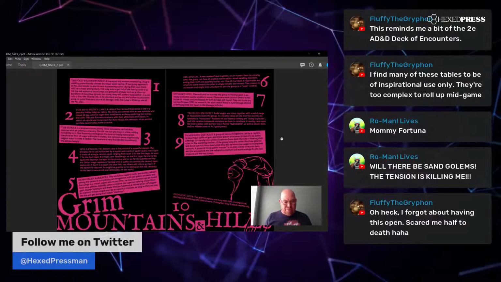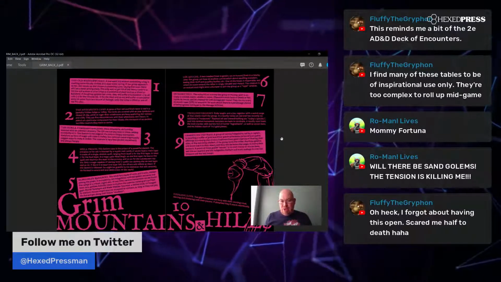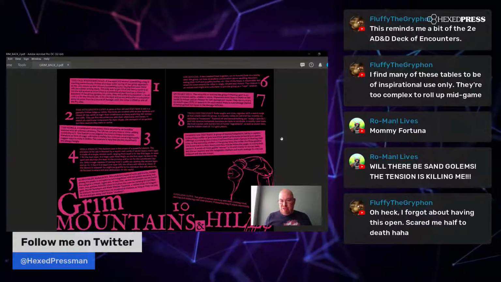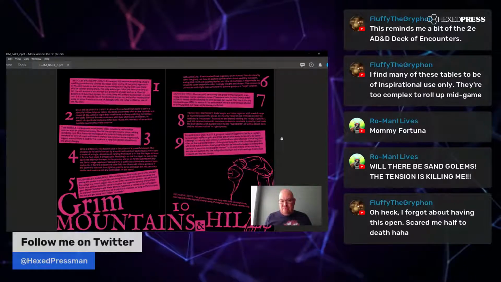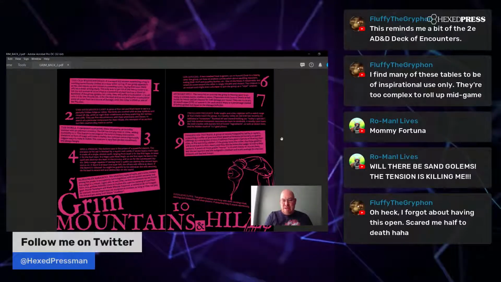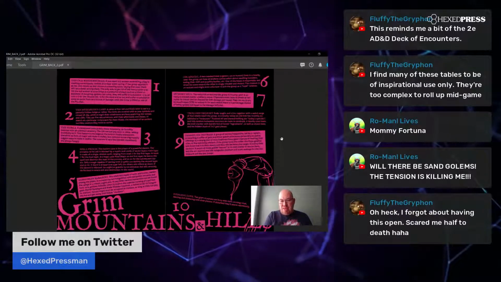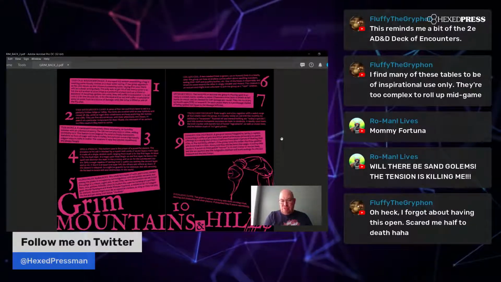Let's see, number 7, the Hungry Hill. The rocky hill or outcrop the group is moving upon is actually a colossal mimic, unable to move. Characters must save versus death or fall inside its mouth and be chewed for 2d6 damage per round. They can try to pry its mouth open using strength or wound it.